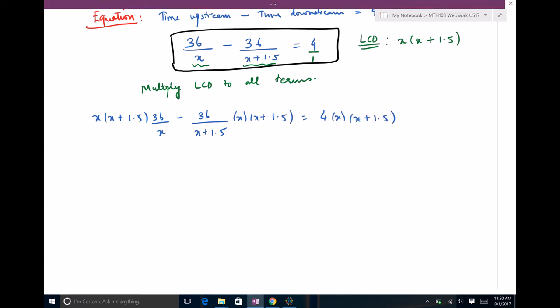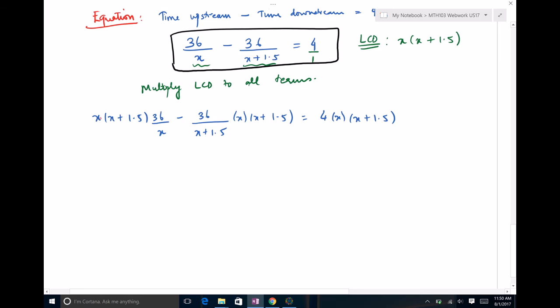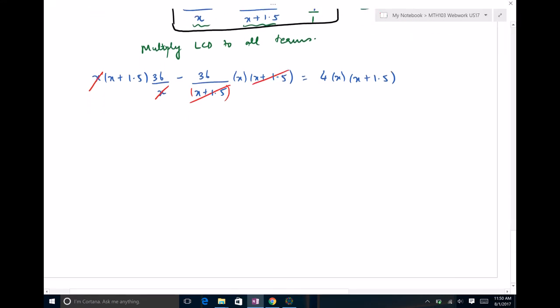Okay, let's start with cancelling all the factors that we can. So I can cancel x from this term, x plus 1.5 can cancel from this term, and this is great because now I got rid of all the denominators. Now I multiply. 36 times x is 36x, and 36 times 1.5 is 54. You may check this using your calculator.